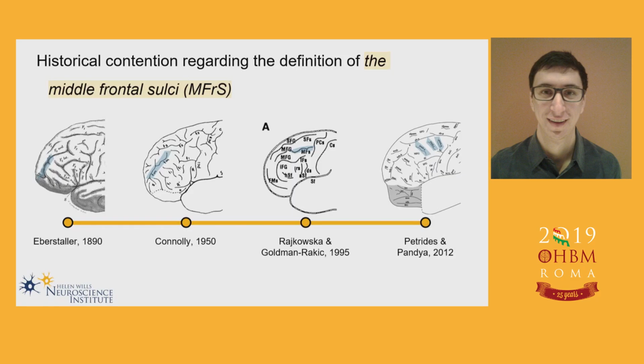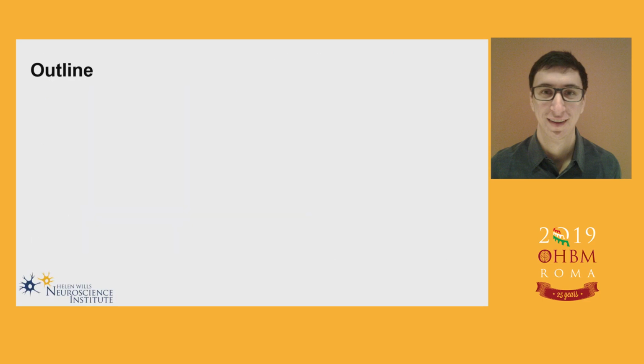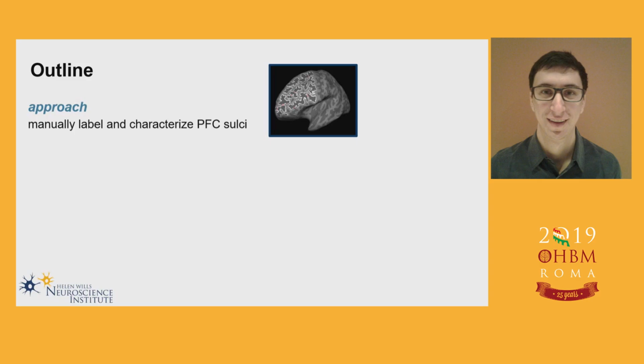However, there's actually almost no empirical data as to how variable these sulci are within individual subjects, or even whether they exist at all. So we sought to characterize this anatomical structure within individuals and see if it had both anatomical and functional meaning. So how did we do that? First, we manually labeled and characterized sulci in the individual hemispheres of subjects.